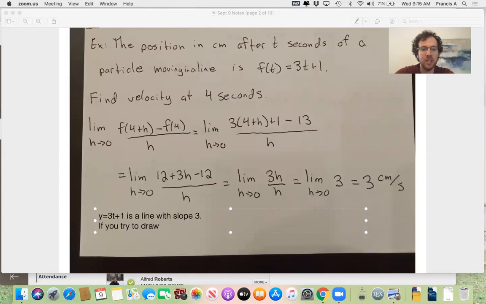And what happens is, if you think about the tangent line context that we've been thinking of here, if you try to draw the tangent line, you really get the same line that you started with.